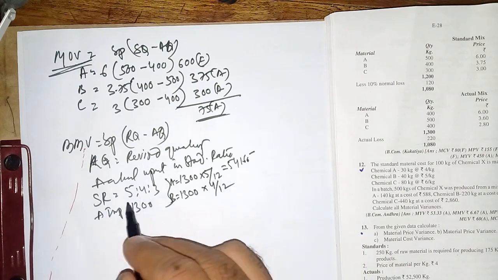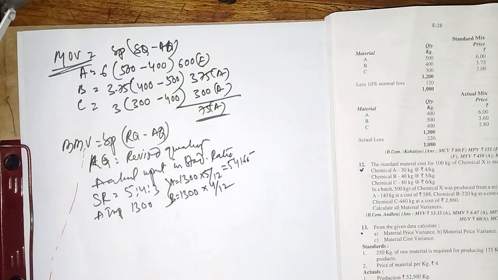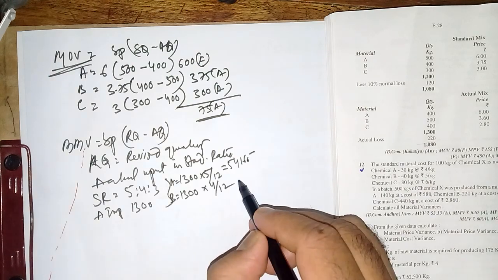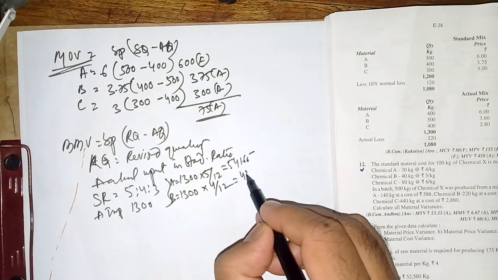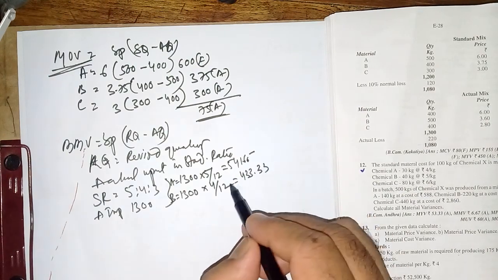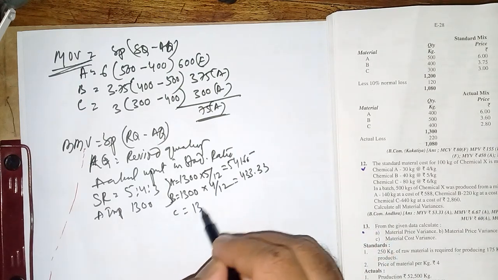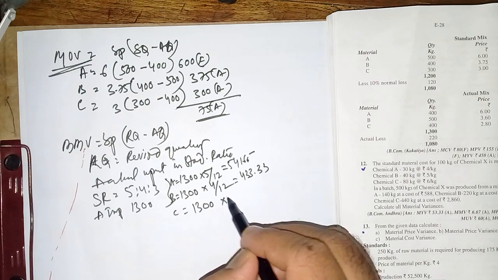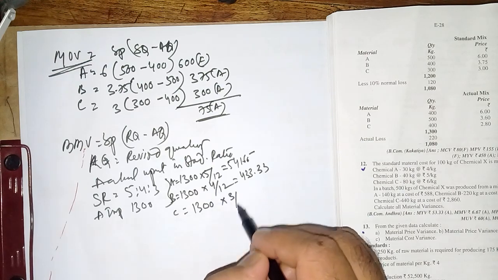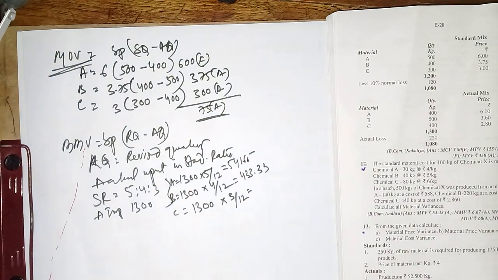So this is 1300 into 4 divided by 12 is equal to 433.33. Then C is equal to 1300 into 3 by 12. So 1300 into 3 divided by 12 is equal to 325.